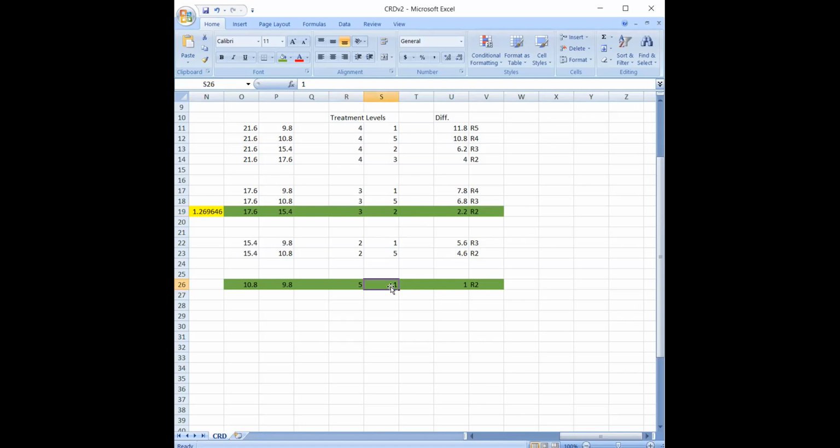So as the conclusion, you can write there are significant differences between all pairs of means except 3 and 2 and 5 and 1.